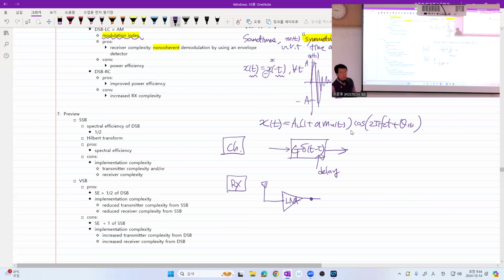So at this point, at the output of the low noise amplifier, our signal may be well modeled as something like this. Okay, so a scaled and delayed version of the transmitted signal. Of course, sometimes there is noise. Sometimes there are interference components. But let's make everything simple.